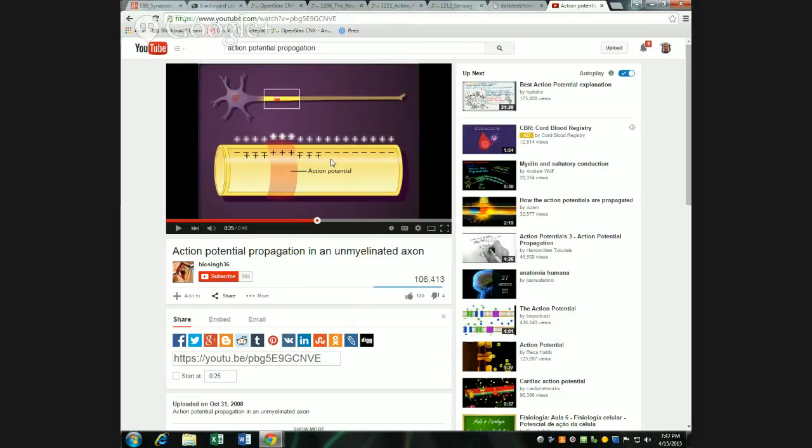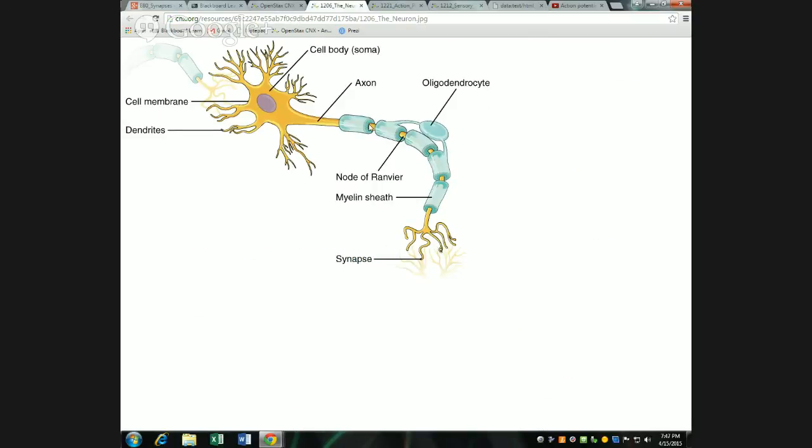As that sodium spreads down here towards the next node of Ranvier, that distance is precisely how far the sodium can move to still reach threshold when it gets there. Okay? And once we get there and reach threshold, more sodium rushes in, we get positive 30 millivolt peak, and the sodium rushes this way.